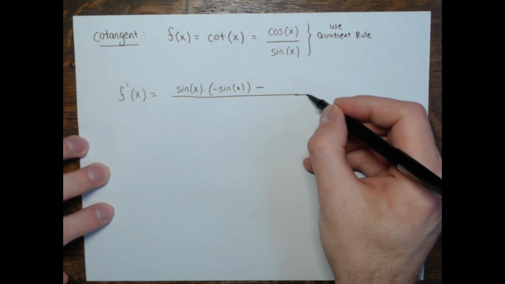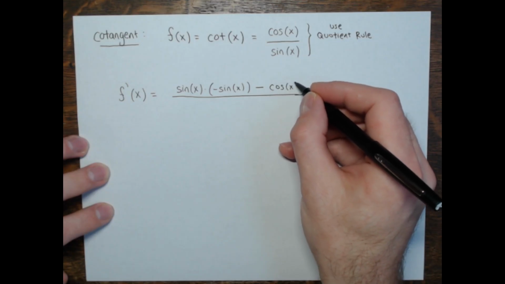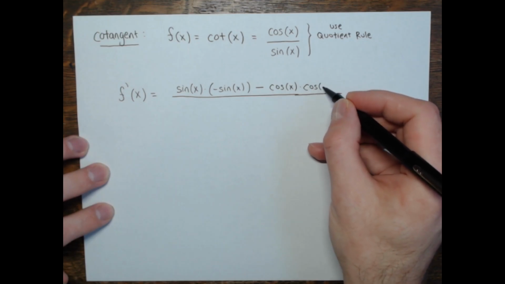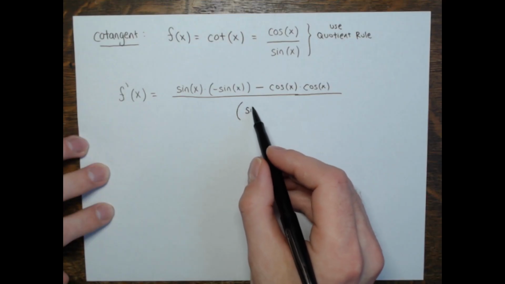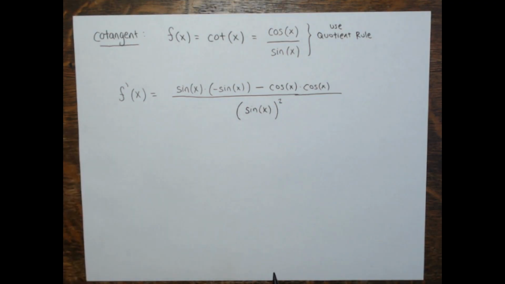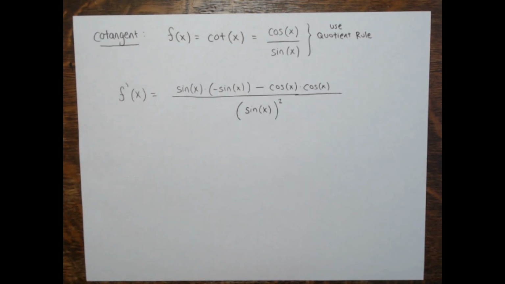Then minus the numerator, cosine x, times the derivative of the denominator, which is cosine x, right? The derivative of sine is cosine. And then all that divided by the denominator the way it was, squared. So there's your derivative of the cotangent function. But it's sloppy, there's a lot of it. It's not pretty.